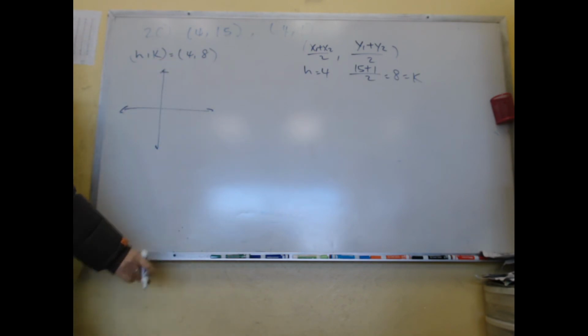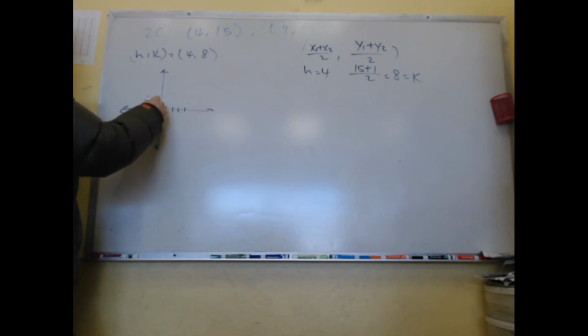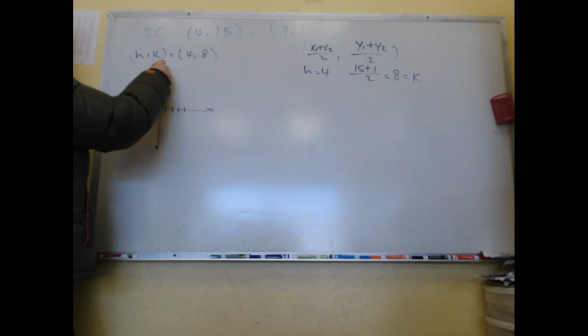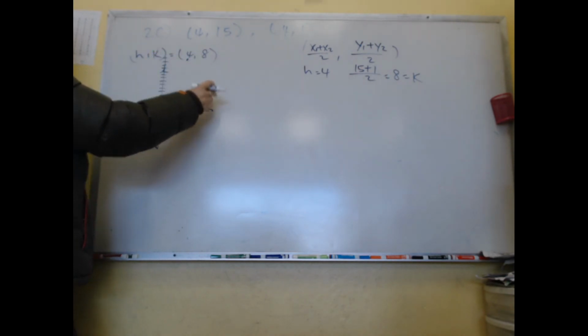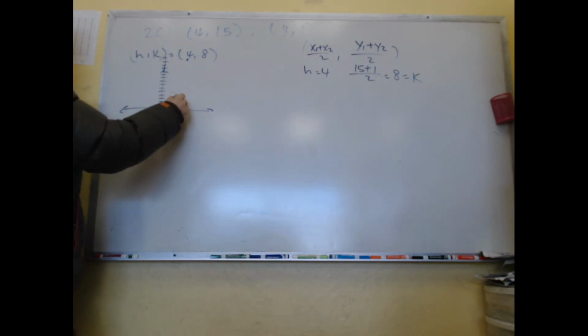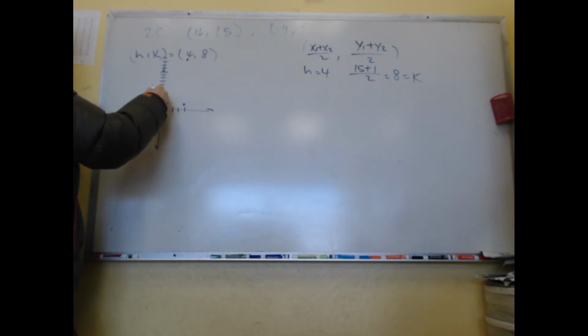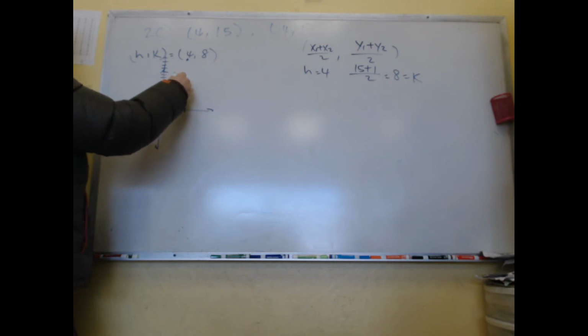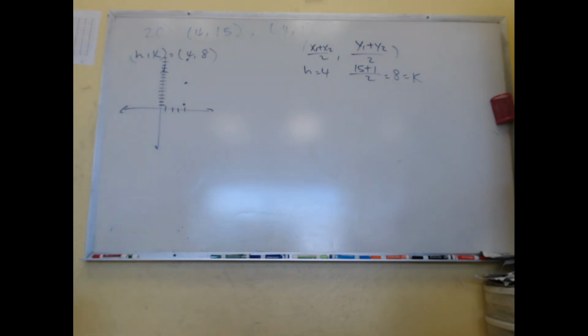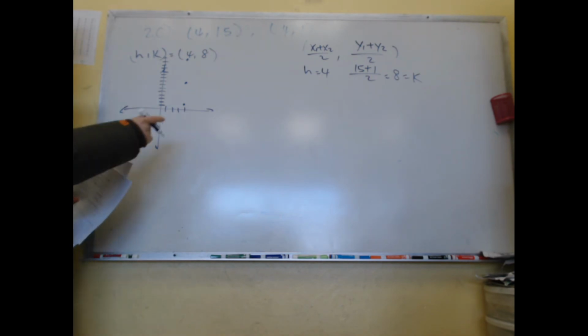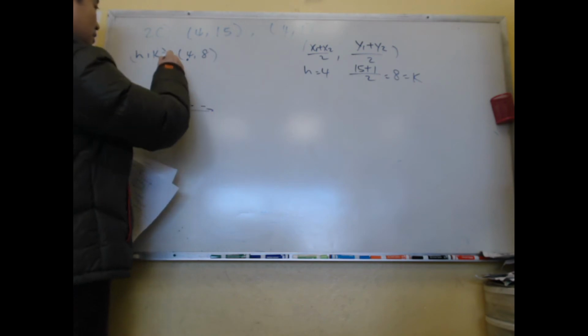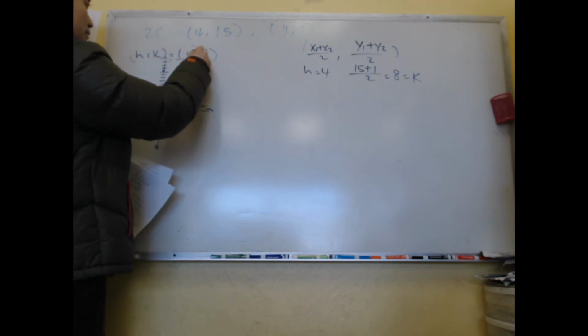We got (4, 15), all the way up here, and then the other one is (4, 1). The center we got is (4, 8). Is that right? So we do know that the box is going to be like this somewhere around.